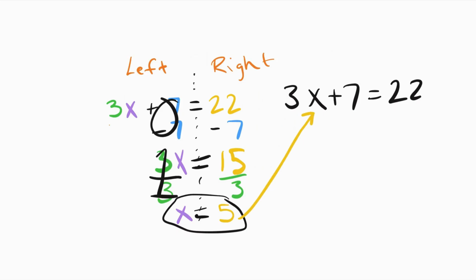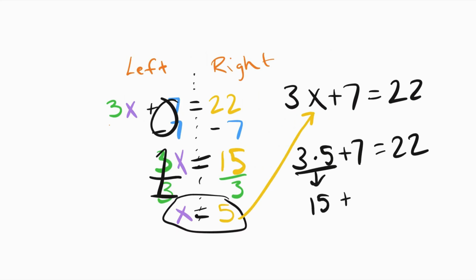Let's rewrite it now with x equaling 5. 3 times 5 plus 7 equals 22. Now, 3 times 5, that's 15. And we have plus 7 equals 22. 22 equals 22. Nice. That is a check.